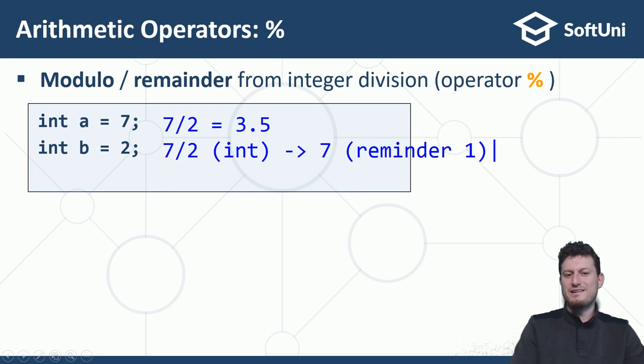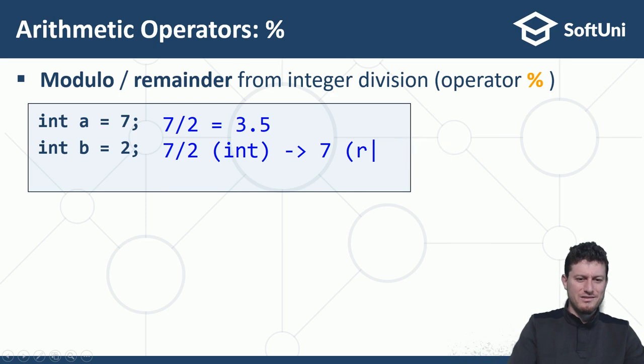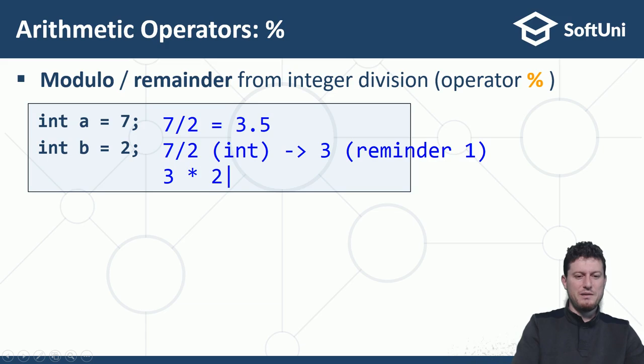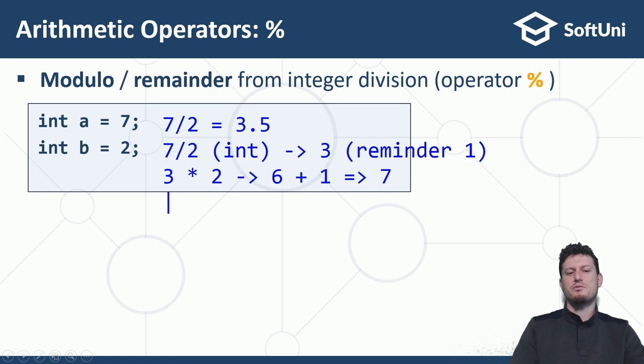Do you agree? It's not 7 remainder 1, it's 3 with remainder 1, sorry, because 3 multiplied by 2 is 6, plus 1 remainder, it's 7.